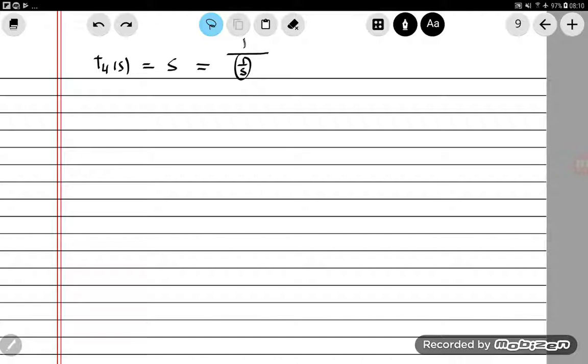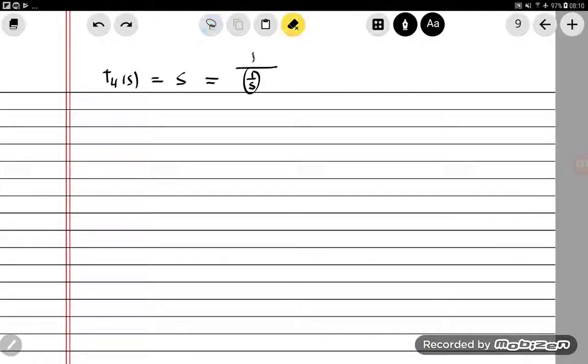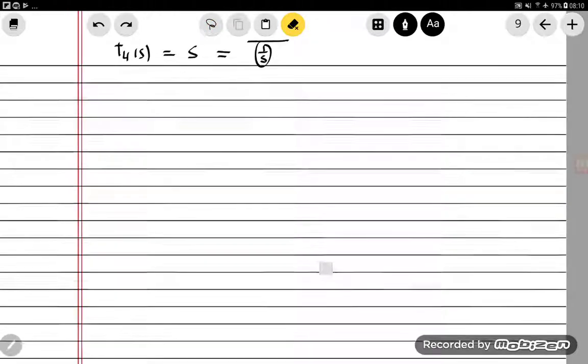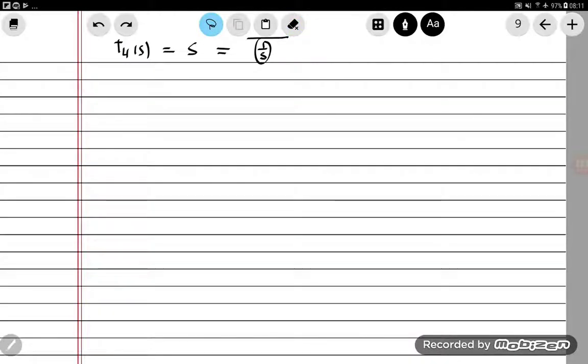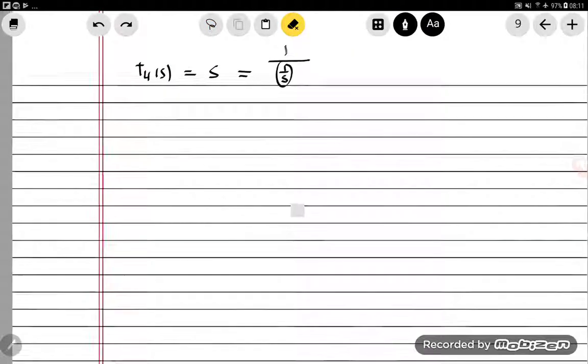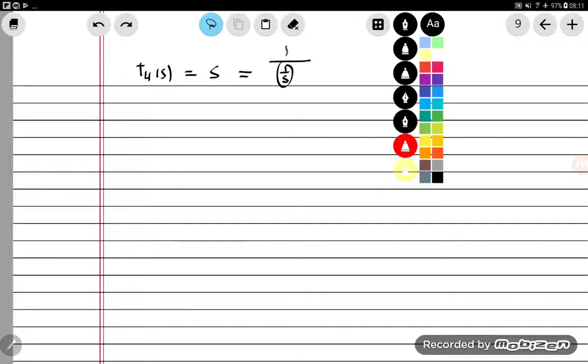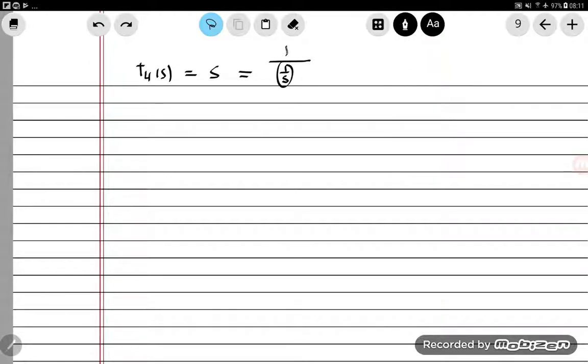So in effect, what this means is that we can subtract the response of 1 over s from the response of 1. To show you how you do this, let's plot the Bode plots of this.